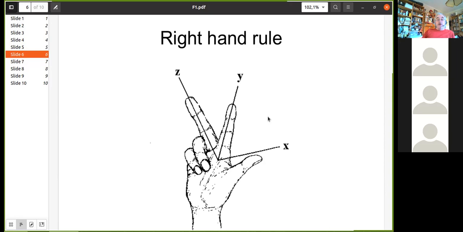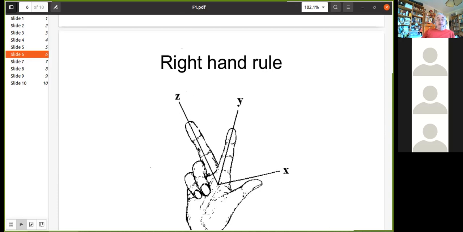And everything should be described as in a right-handed coordinate system, where the thumb is the x-axis, the pointing finger is the y, and this finger is the z direction. So physicists, for example, look at rotations with the hands like that. That is quite convenient.